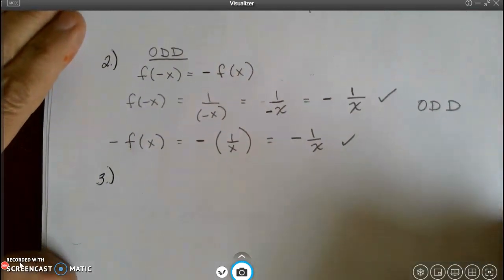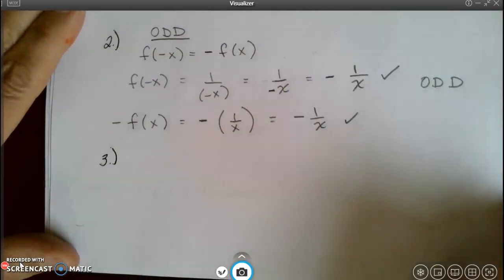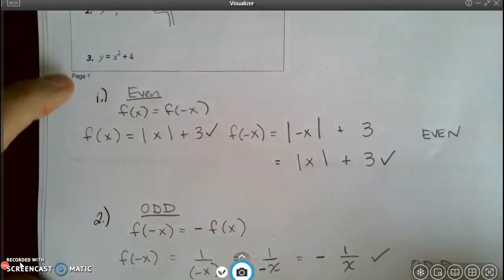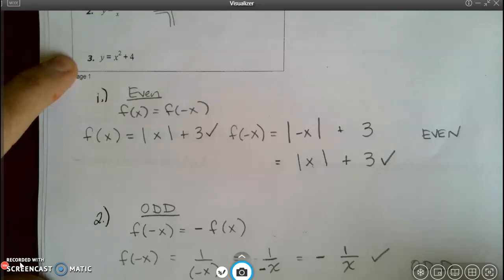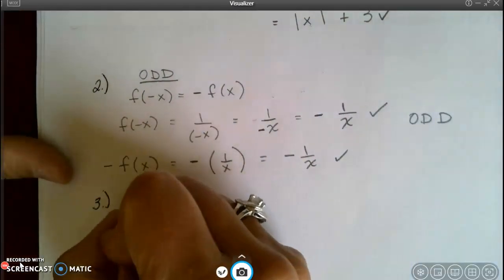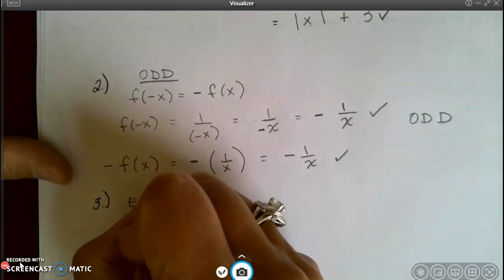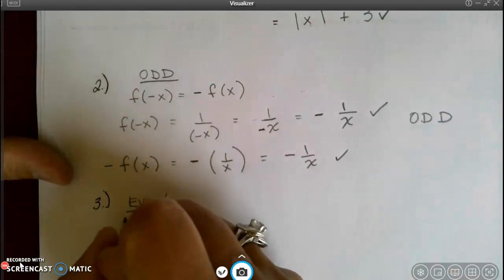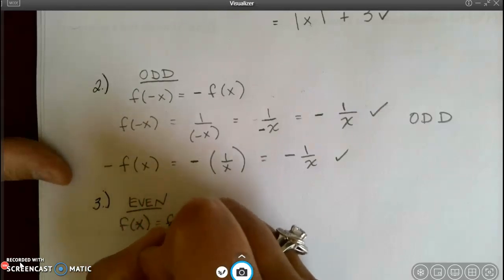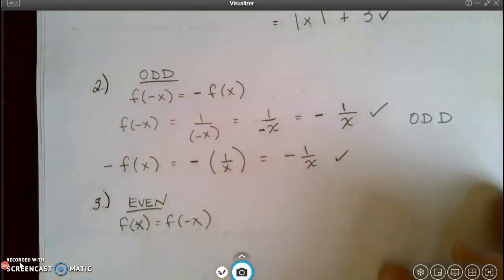All right, for number 3, a quadratic, this quadratic here, x squared plus 4, is a U-shaped graph, which would be reflection symmetric over the y-axis, which is even. So I'm going to start with the even test, which is f at x equals f at negative x.